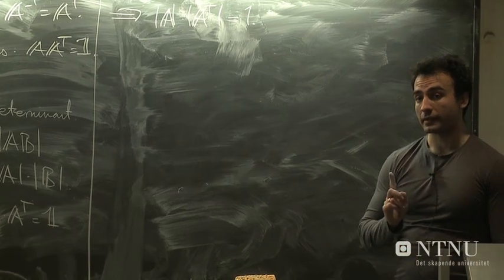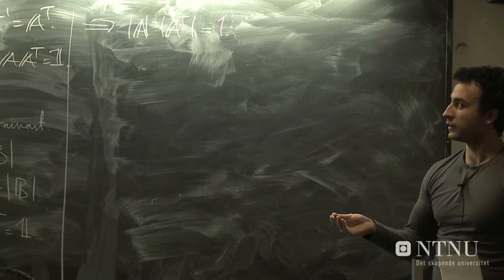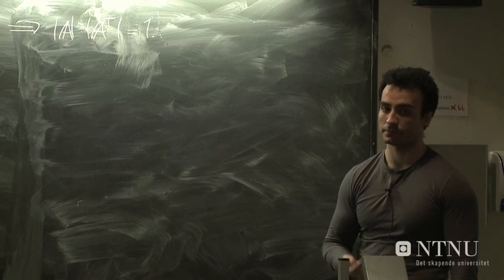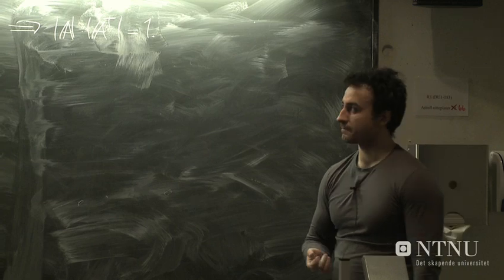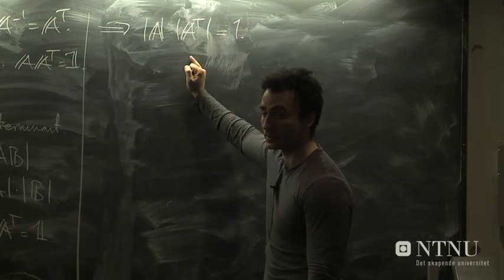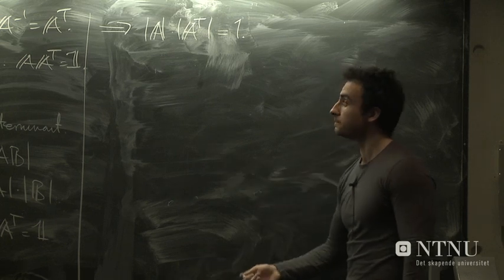We know one more thing about determinants, and that is that they do not change if you interchange rows with columns. So that means that the determinant of the transpose of a matrix should be equal to the determinant of the original matrix.